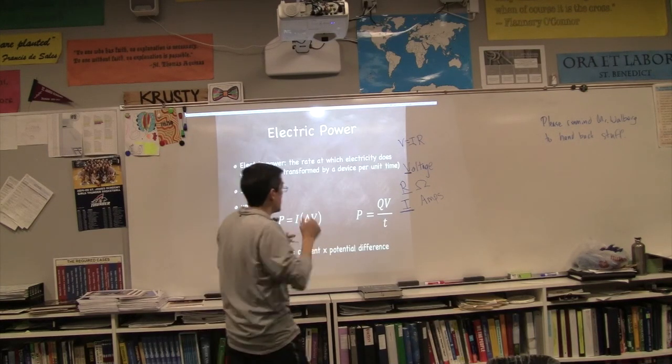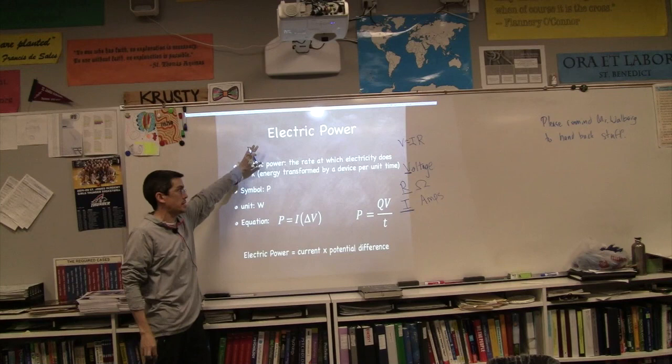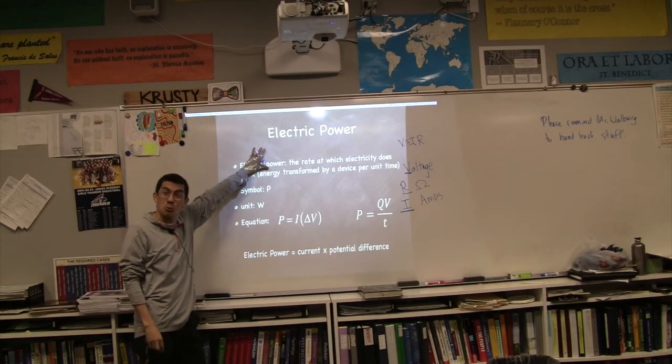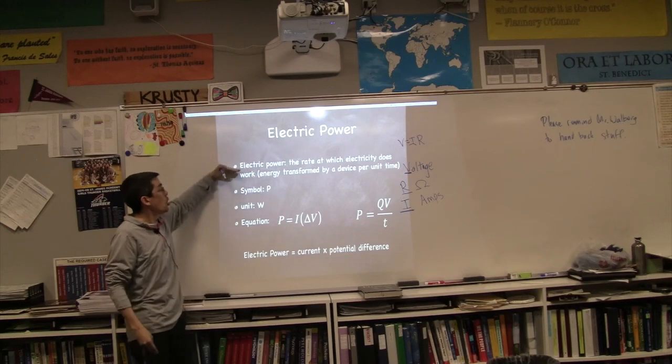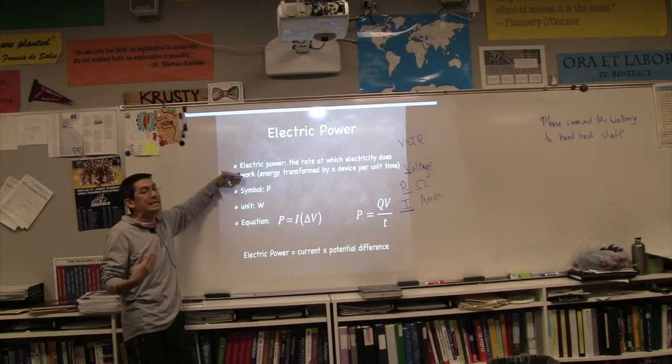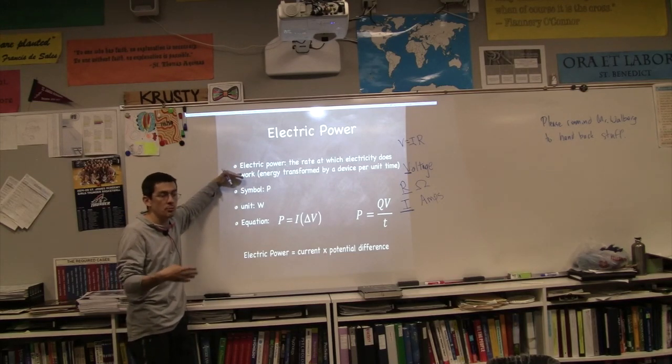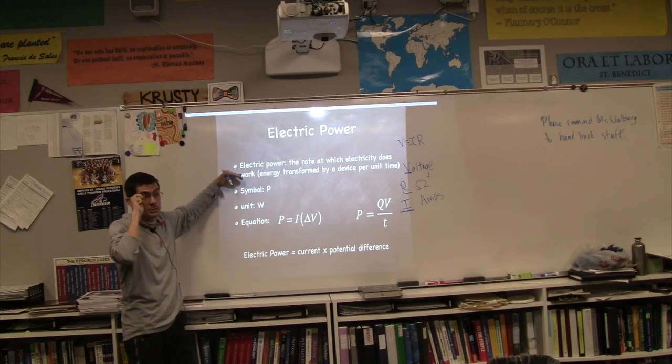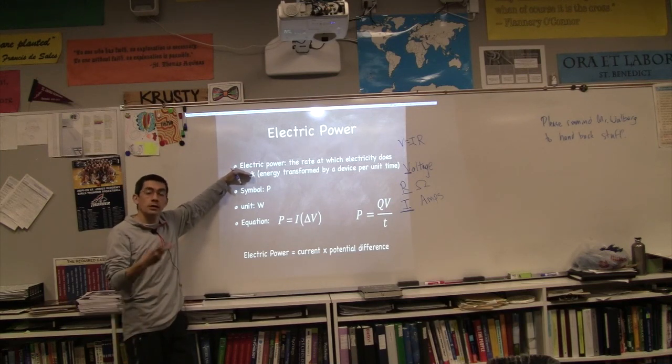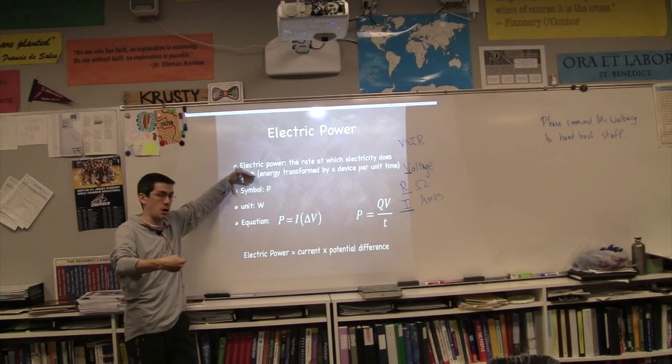Now, Wahlberg said that you might see something about electrical power, and in case you do, they ask you to calculate power. Any type of power, as the people who have been in physics know, is just the rate, per time, at which work is done.